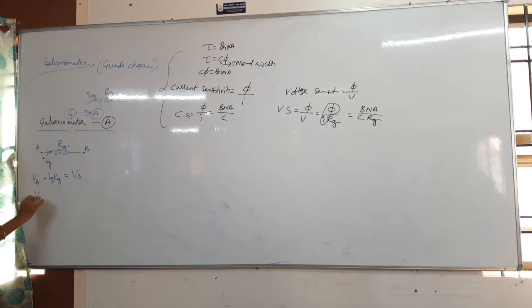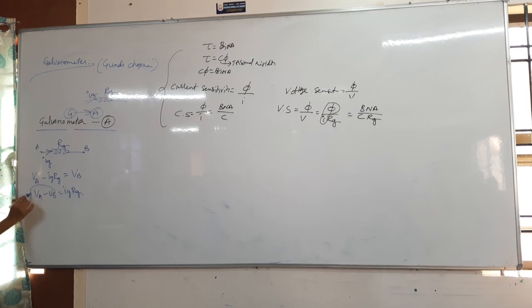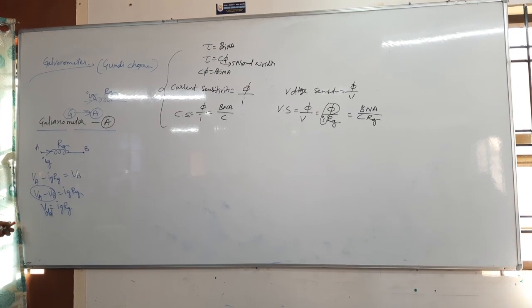So simply VA minus VB is equal to Ig into Rg. Now this potential is old or new? Old. V old.